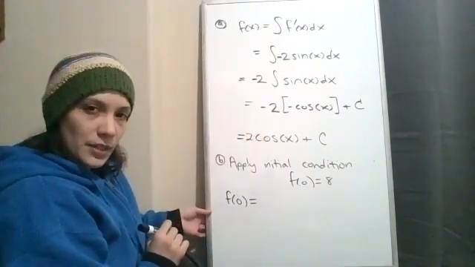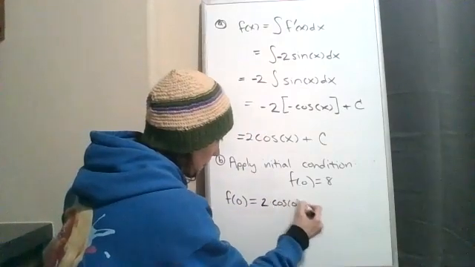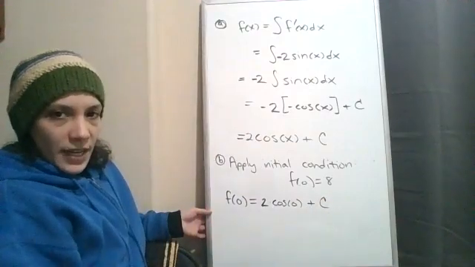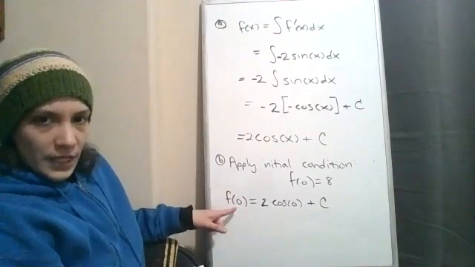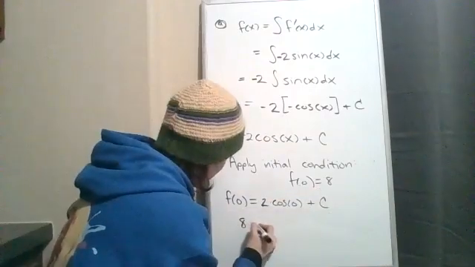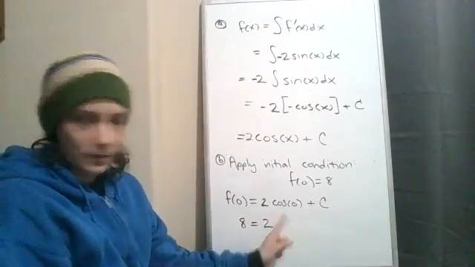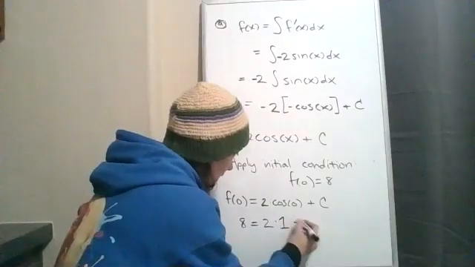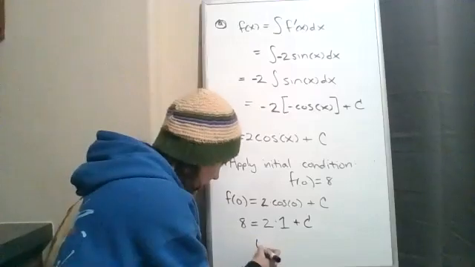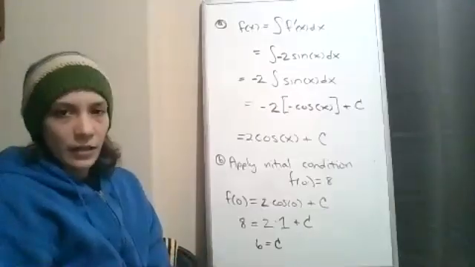That's better. 2 times cosine of 0, add some number that we're going to find in just a sec. Replace f of 0 with 8. Simplify cosine of 0. It's going to be 1. Solve for c, so subtract 2 from both sides, and 6 equals c. Then you write your answer.